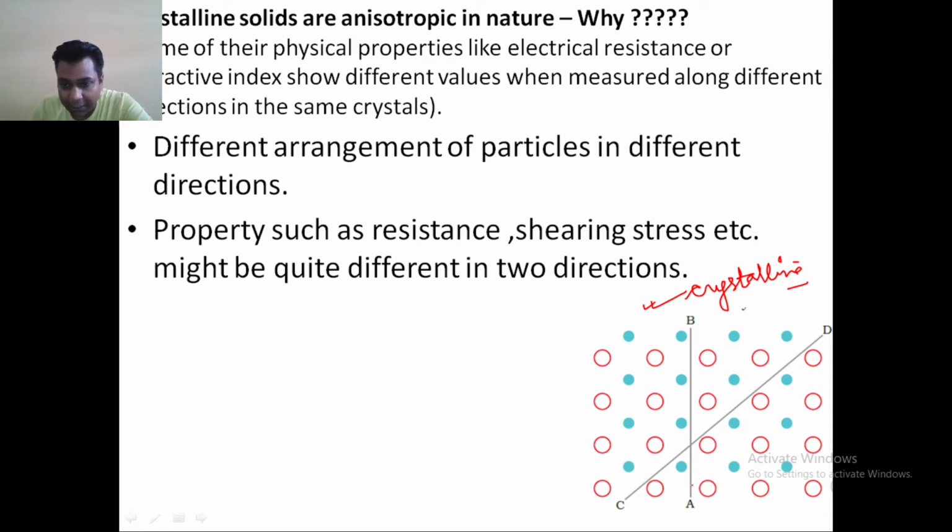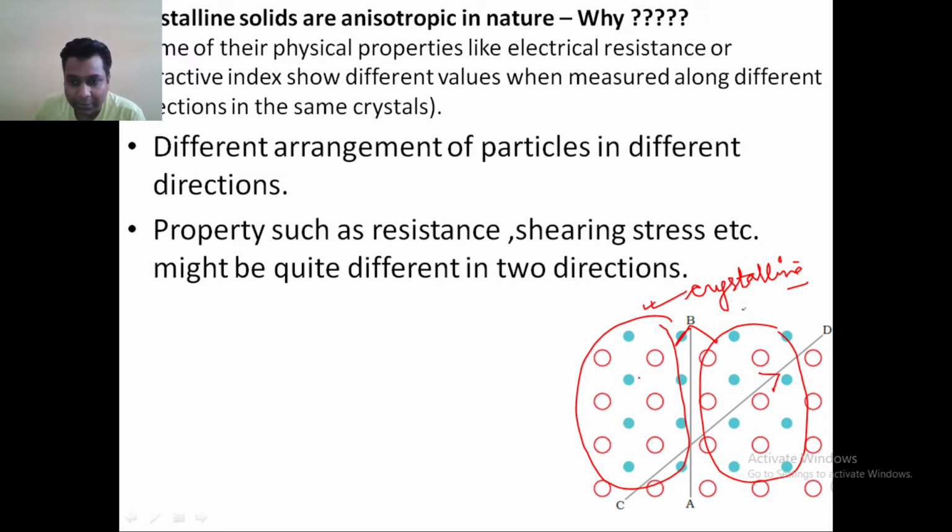If you look in the direction of AB, the arrangement of the constituent particles is different from when you look in the direction of CD. Obviously, because when you compare planes AB and CD, they have a different number and arrangement, so a different density of constituent particles.